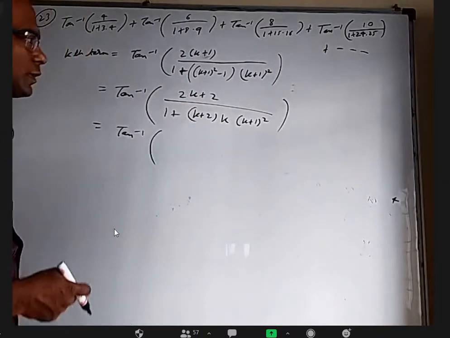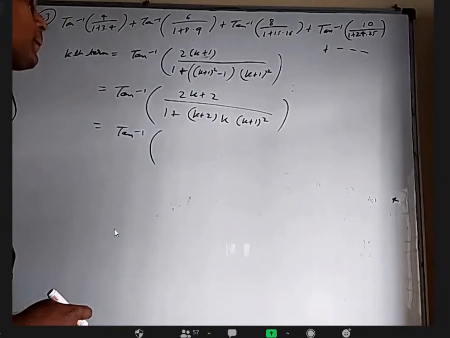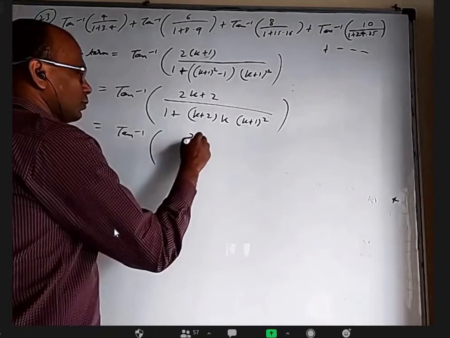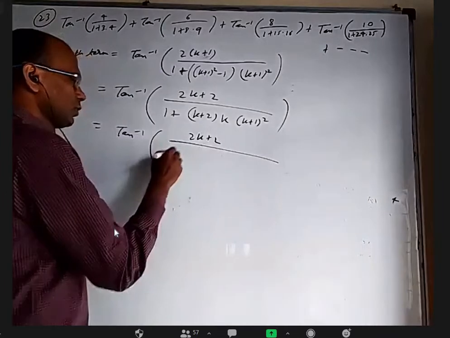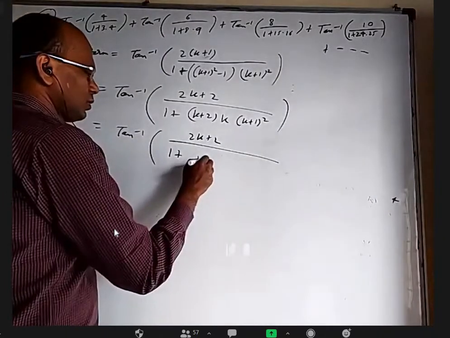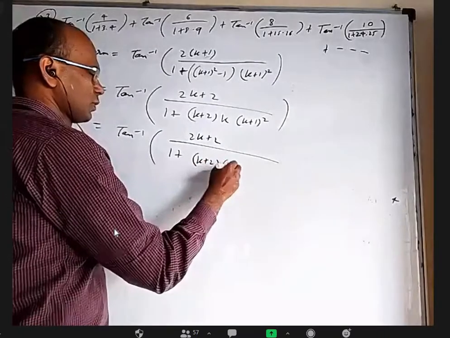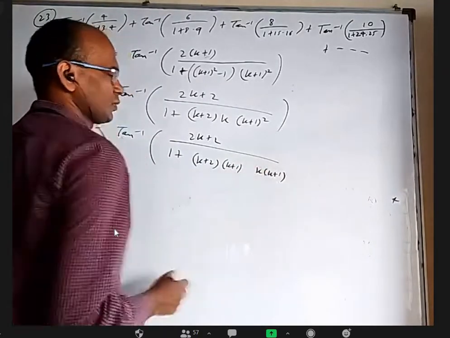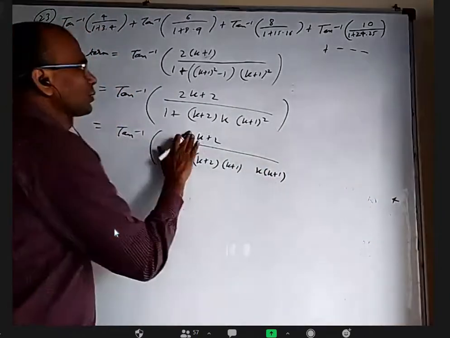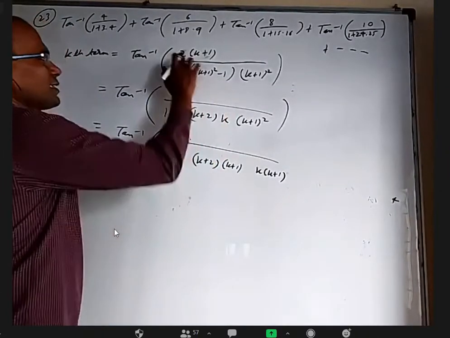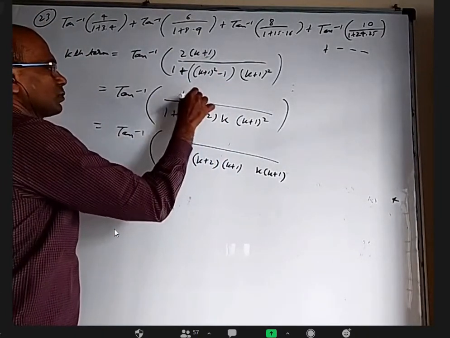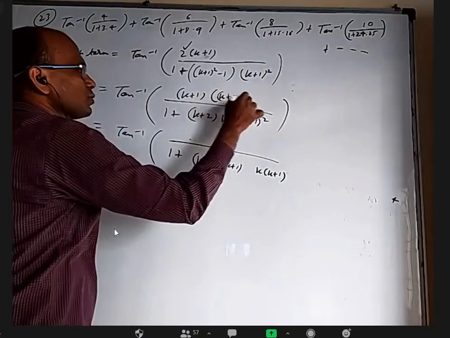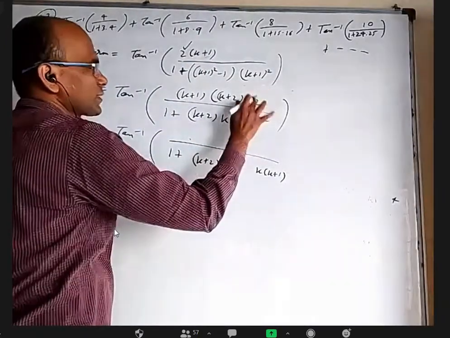We have to look at that. I can take k plus 2 into k plus 1 as one thing, and k into k plus 1 as one thing. I can take k plus 1 common. But the better way is I will write this 2 into k plus 1, this 2 here I am going to write as k plus 2 minus k.